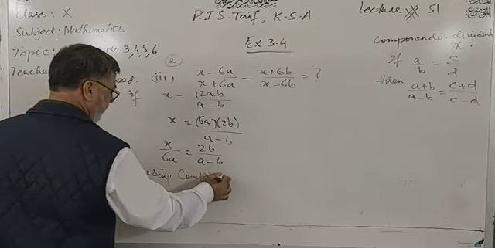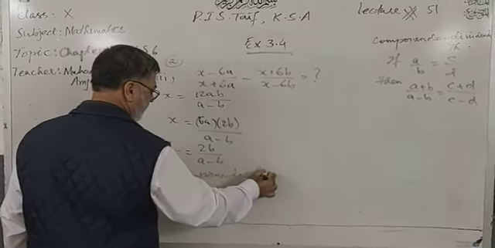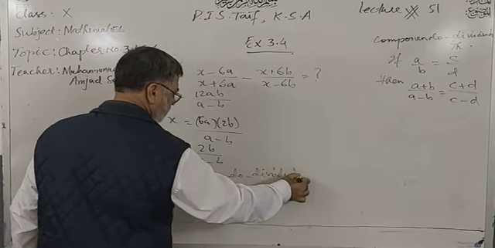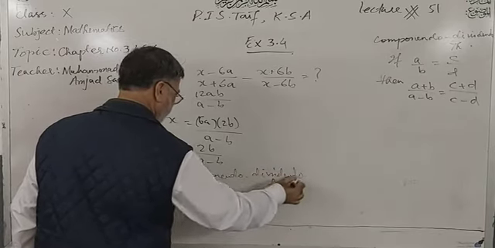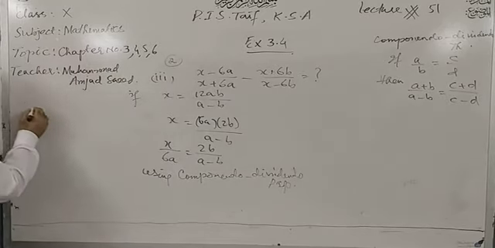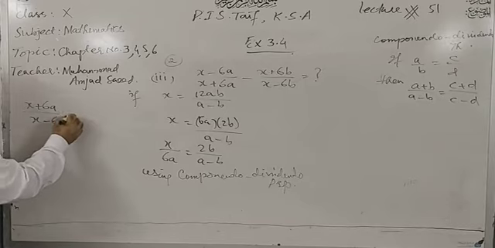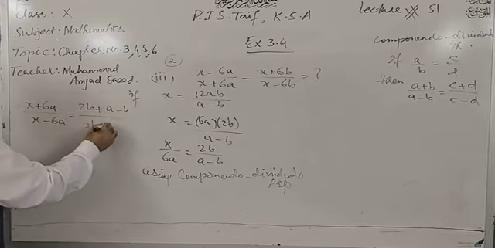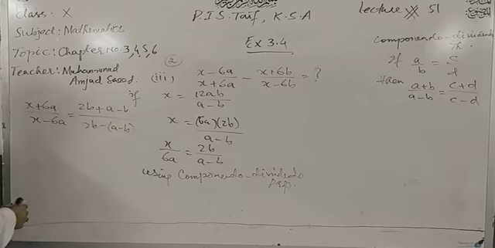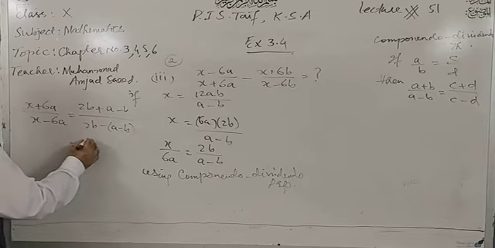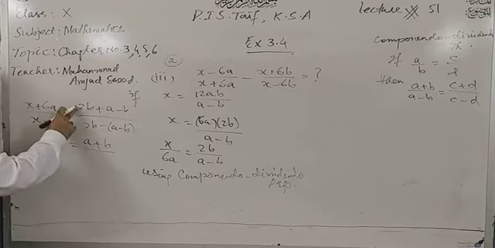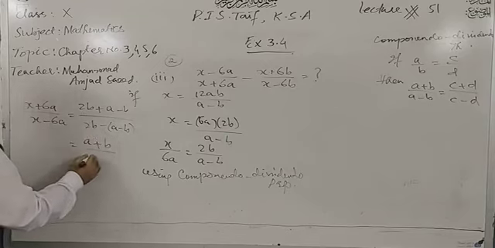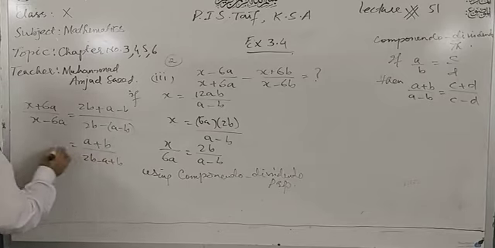Using componendo dividendo property, x plus 6a over x minus 6a equals 2b plus a minus b over 2b minus a minus b. This will be a plus b. 2b minus b is b. This is 2b minus a plus b.